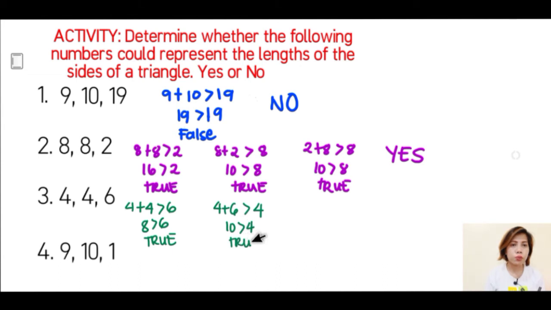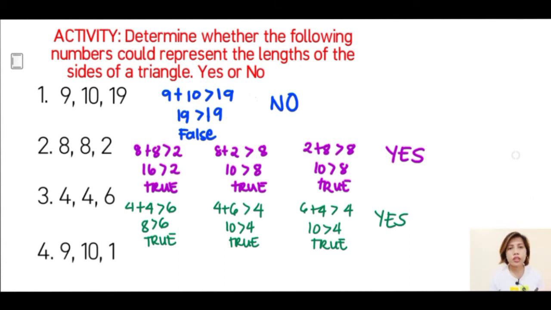True. And then, 6 and 4 naman. 6 plus 4 is greater than 4. 6 plus 4 is 10. 10 is greater than 4. True. So, we have 3 true statements. Therefore, pwede po mag-represent yan as a triangle.